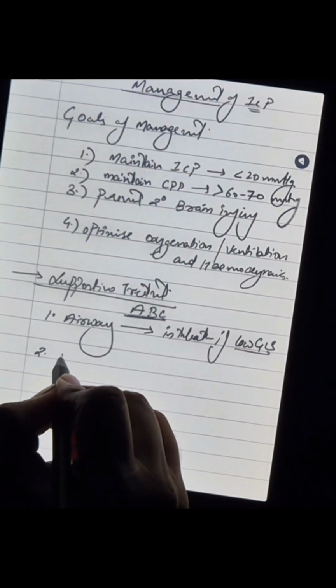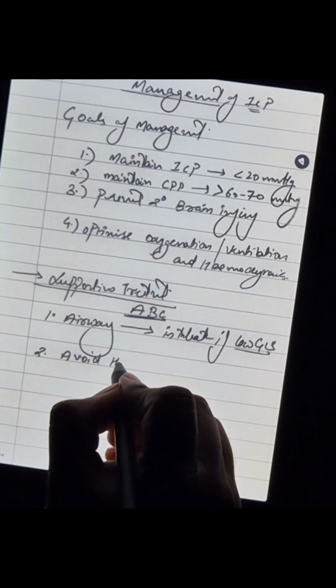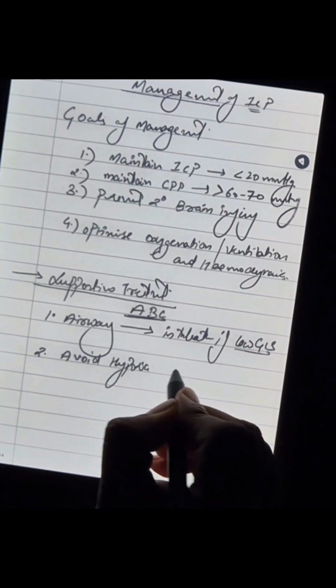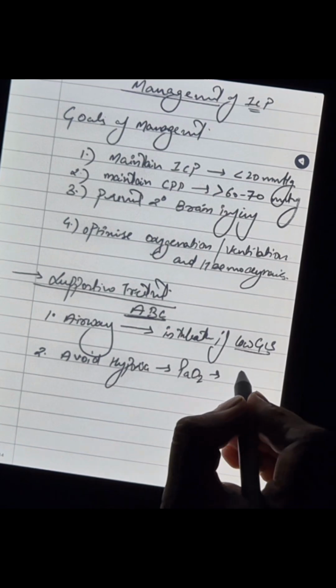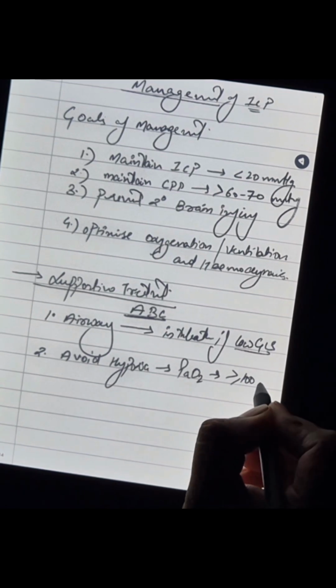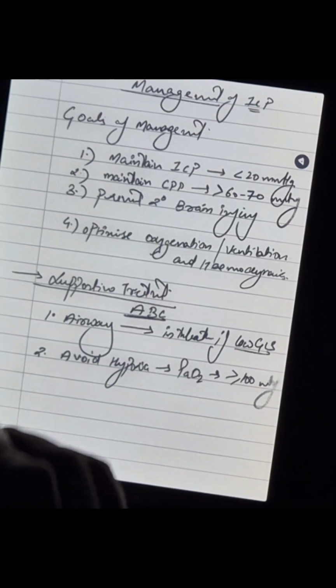Second, we have to avoid hypoxia, as we have to keep our PaO2 level more than or equal to 100 millimeter of mercury.